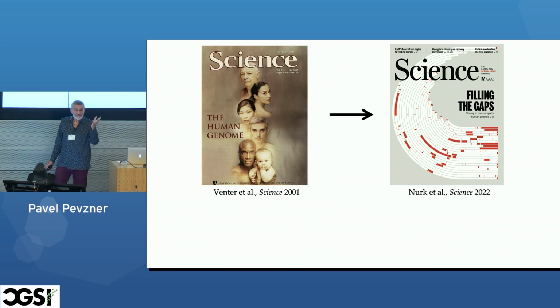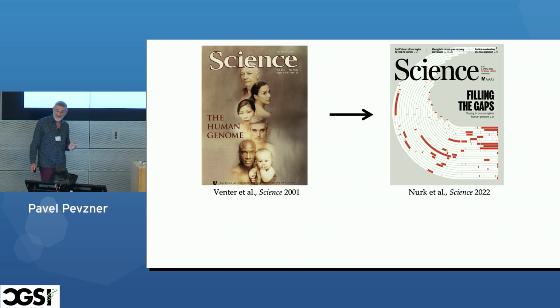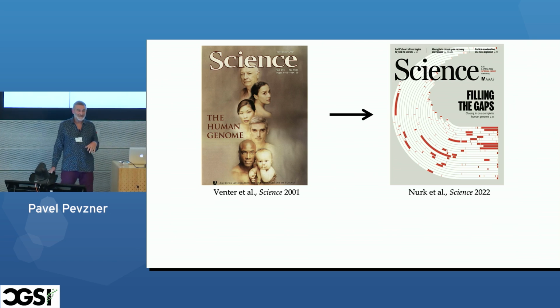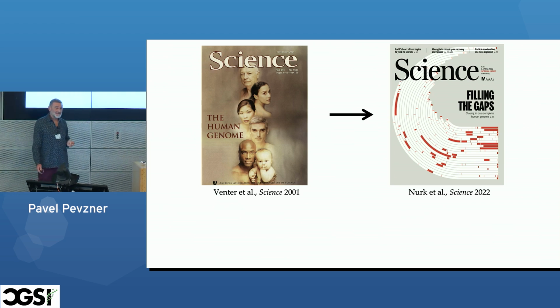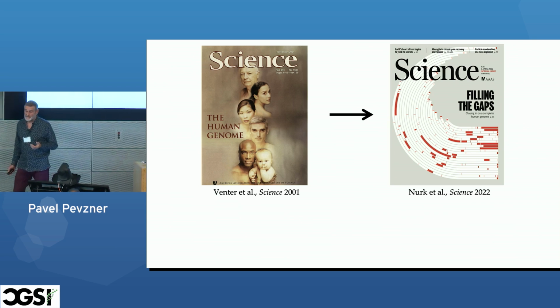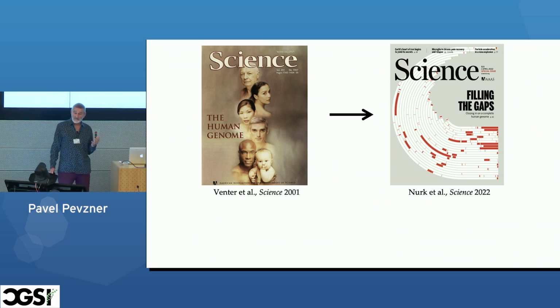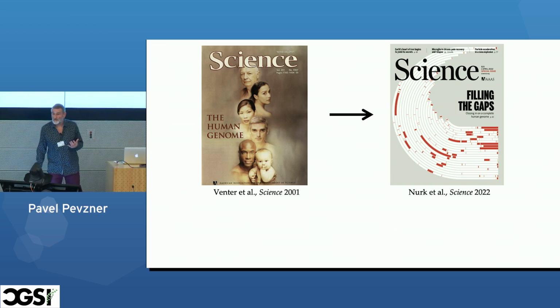So 20 years ago, some people in this room were participating in sequencing of the human genome, but of course there were many terra incognita dark segments, many errors, many places that weren't sequenced. And 2 years ago, the human genome was finally sequenced with a number of biomedically important regions that were never sequenced before.